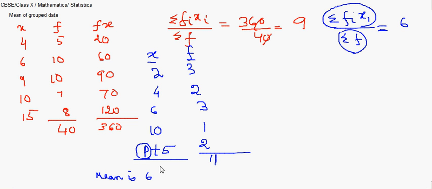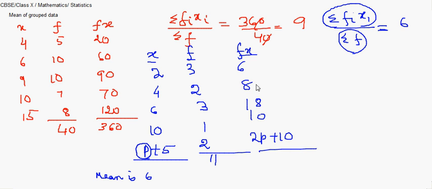Sorry, I need to find fx first. It is 6, 8, 18, 10, and then 2 multiplied by p plus 5 would give me 2p plus 10. Now the summation of this is 14, 18, 10, and then 10, 20, 50, and then it is 2p plus 52.